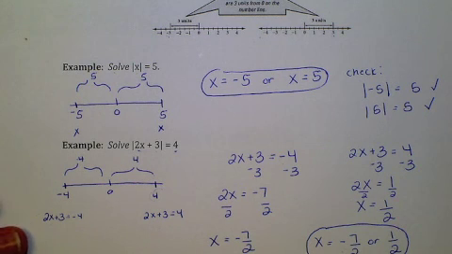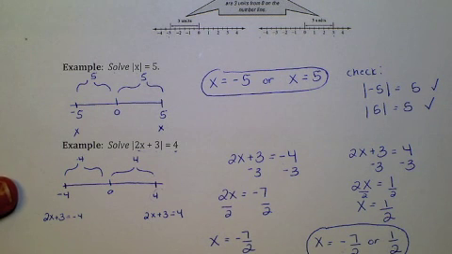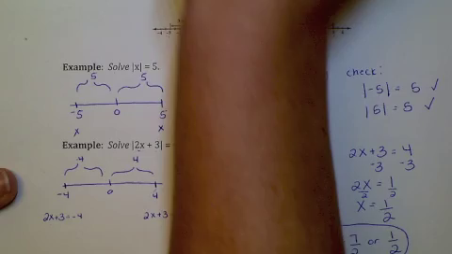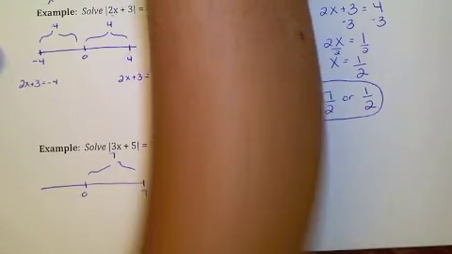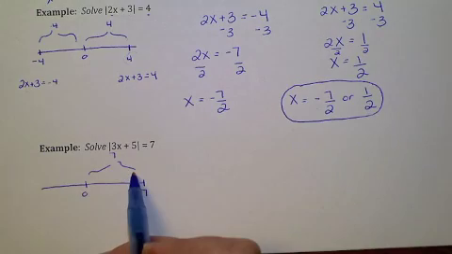All right, let's do one more. The absolute value of 3x plus 5 equals 7. Again, let's understand what this is saying. This is saying that 3x plus 5 can be 7 units in the positive direction. Oh, you can't see what I'm writing. All right, sorry guys.